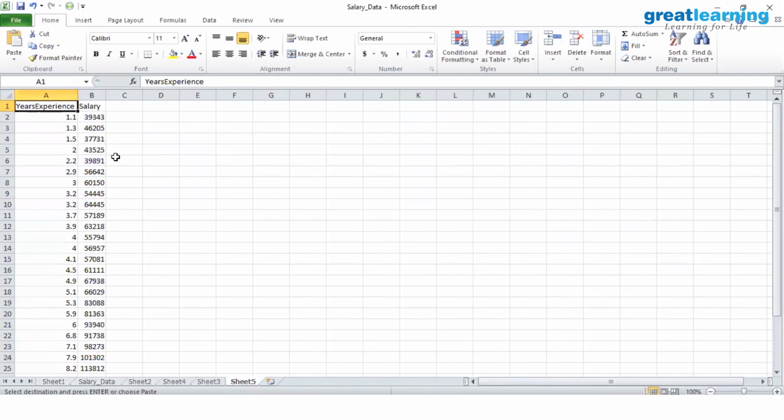As the years of experience increase, the salary will also increase. Is that true or not? This is a linear relationship. As the years of experience increase, the salary of the person also increases. Now I want to predict for a new person, say an HR in the company.